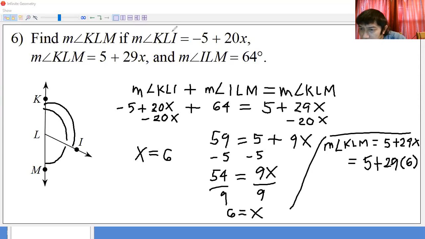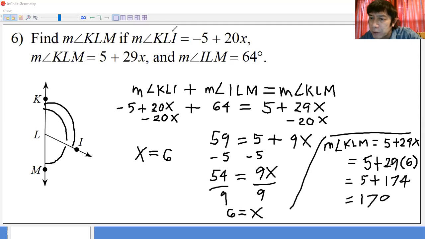How much is that? 174. And then the 5, so this is 5 plus 174. And that looks like 179 for the answer. That's 179 degrees for our measure of angle KLM.